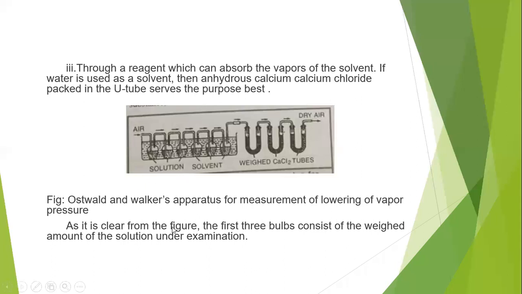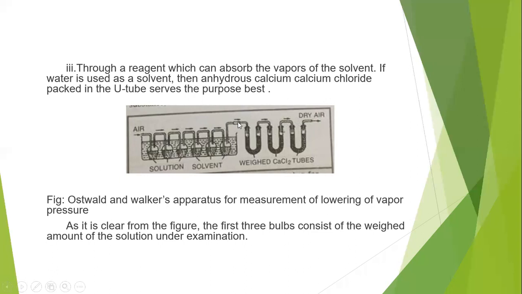As is clear from the figure, the first three bulbs consist of a weighed amount of the solution under examination. In this instrument, the first three bulbs contain a solution which has to be weighed. From that solution, we have to measure the vapor pressure of the solution. And the next three consist of the solvent, whose vapor pressure we also have to find out.